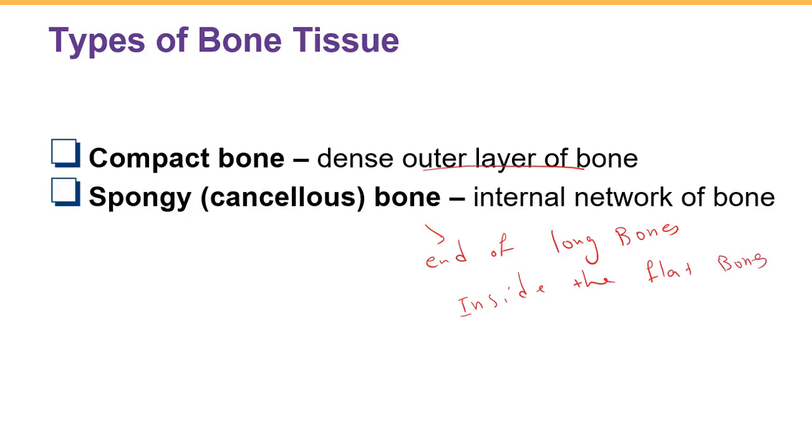Okay, so what does it mean at the end of a long bone? Each long bone has two ending parts, which are called epiphysis. At their ending parts we have our spongy bone. So spongy bone would be found here and also here, in our long bone.